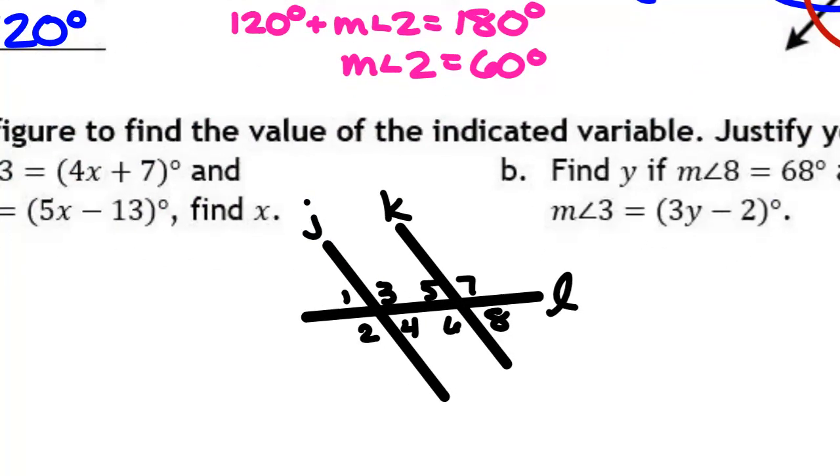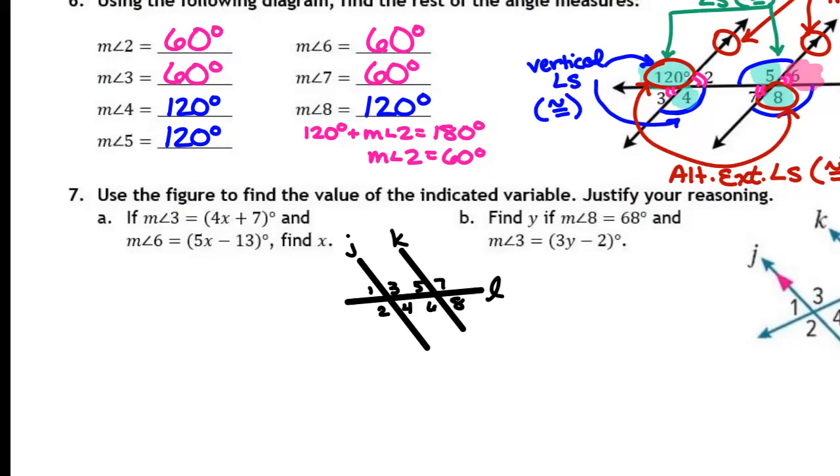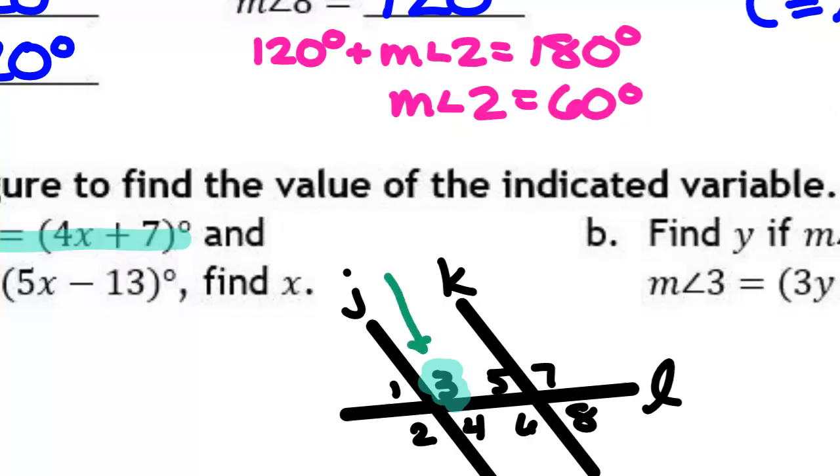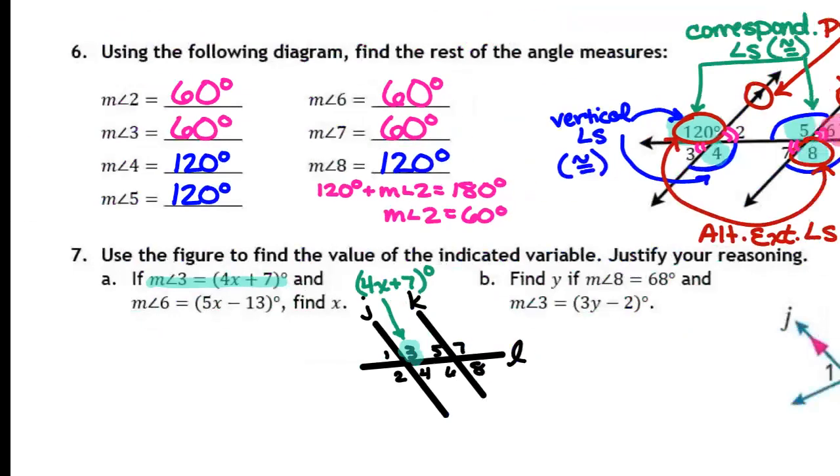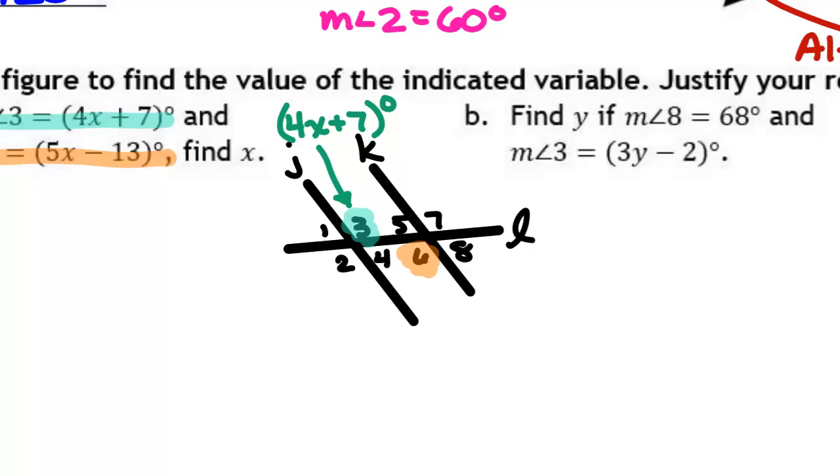Angle 3, which is this angle right here, is 4x plus 7 degrees. And angle 6, this angle right here, is 5x minus 13 degrees.